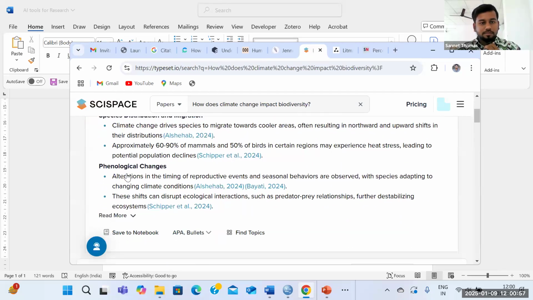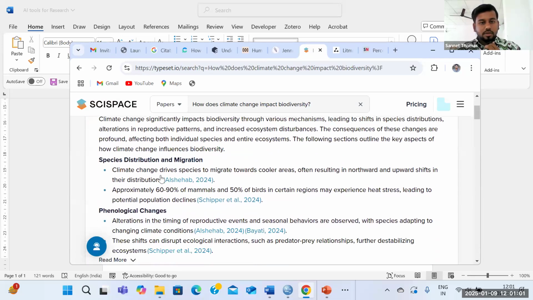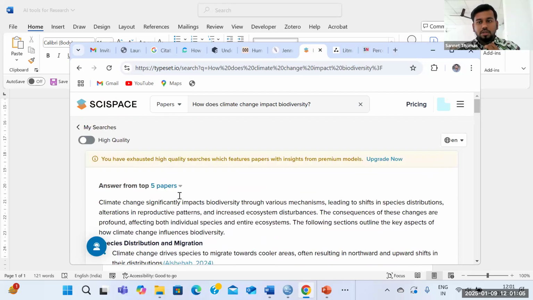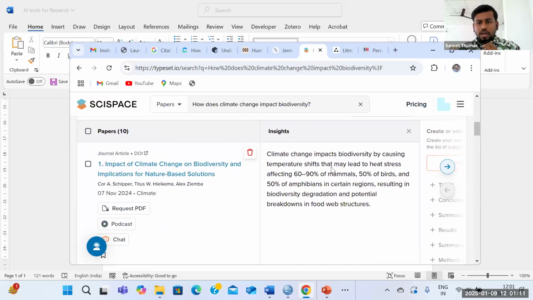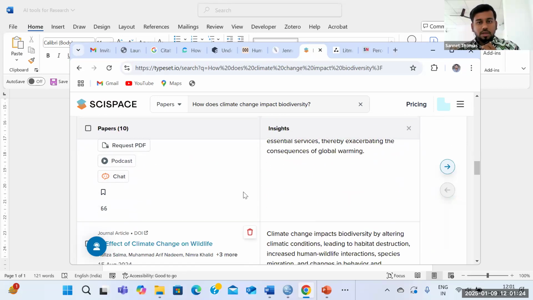See, along with the text citations and references, you can copy this, you can export it into a Word file, and you can analyze the data and take insights from this analysis. You can also check whether this is relevant to my topic. So SciSpace will be helpful in this way.